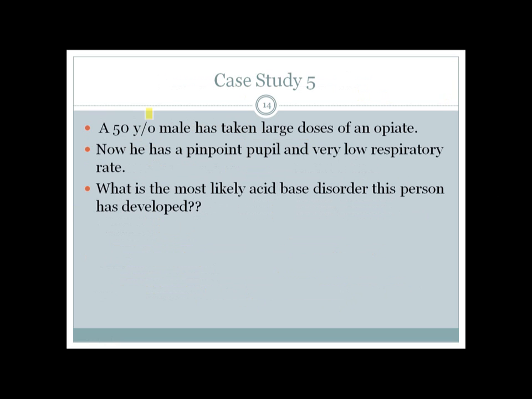Case study 5. Now we have a 50-year-old male who has taken a large dose of an opiate, and he developed pinpoint pupils and a very low respiratory rate. Can you tell me what is the most likely acid-base disorder this person has developed? Okay, very good.